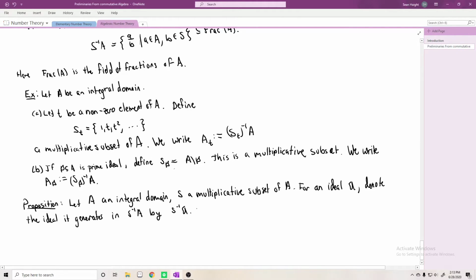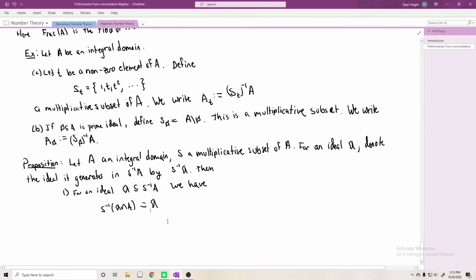Okay, and this proposition is going to tell us what S inverse A looks like. Then for an ideal 𝔞 subset of S inverse A, we have 𝔞 equals S inverse (𝔞 intersect A).